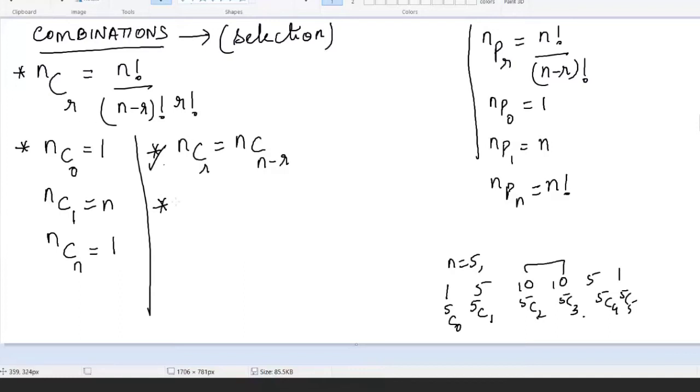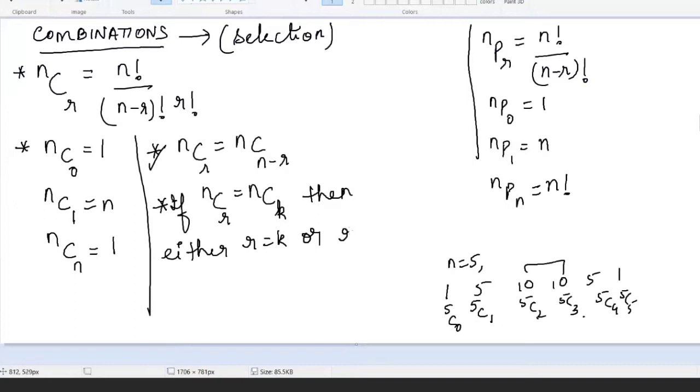If NCR is equal to NCK, then either R is equal to K, or R plus K, if I add the two, it has to become equal to N.